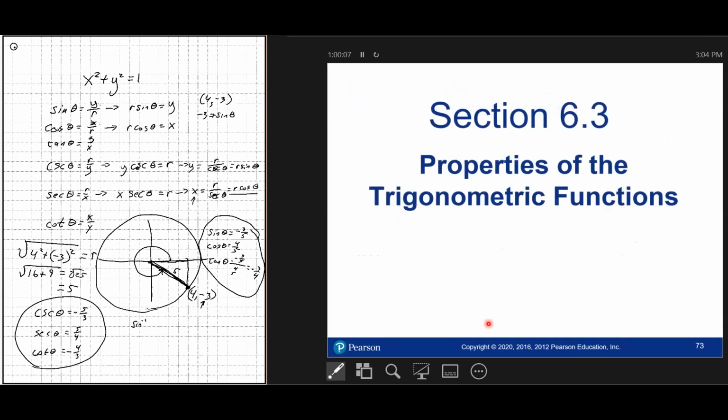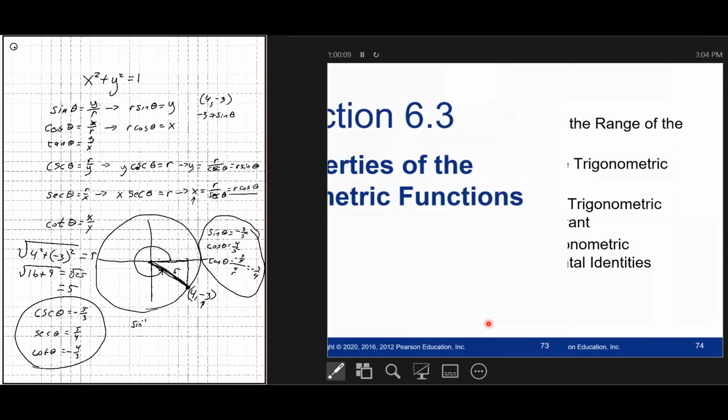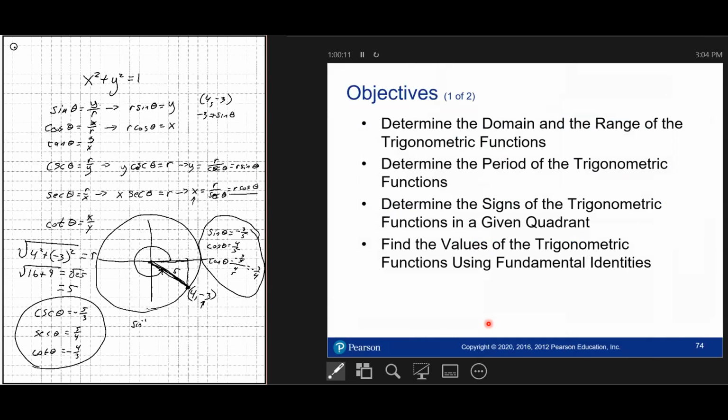Okay. Now we're going to talk about some of the properties of the trig functions. We're going to determine the domain and range of the trig functions. We're going to determine the period of the trig functions. Trig functions repeat their y values.